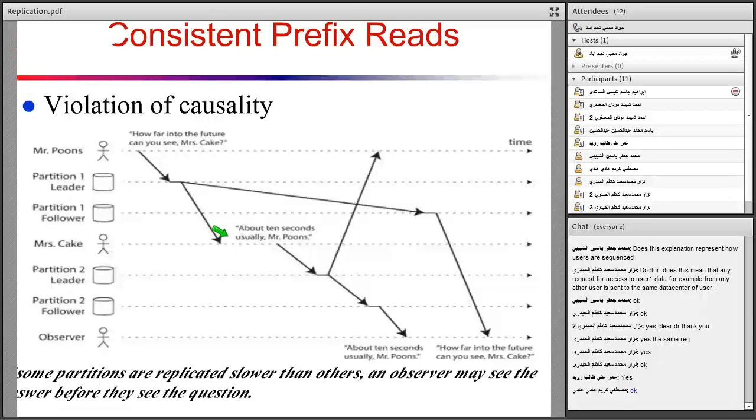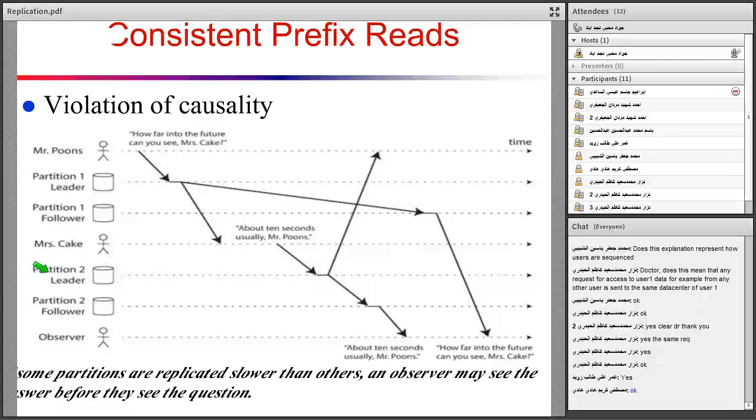Okay, this is the answer of Mrs. Cake to this question. This answer is sent to the leader 2, and stored in partition 2.